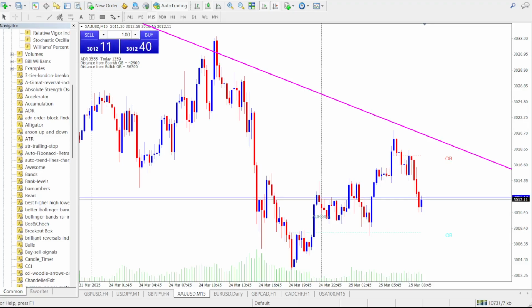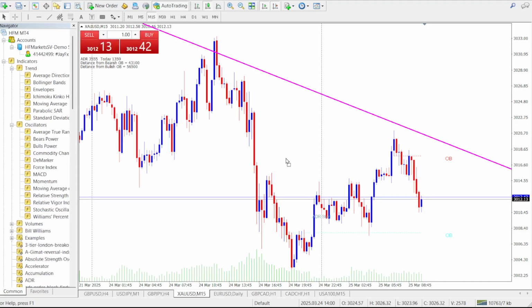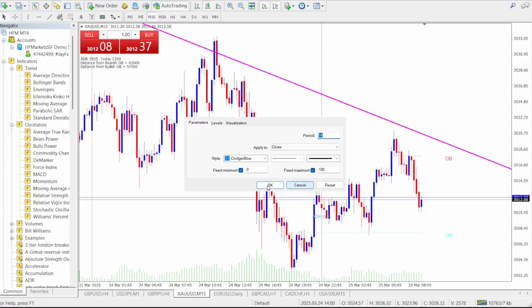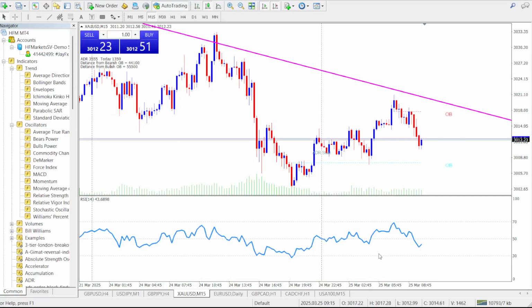Now you can actually combine the ADR order block finder indicator with other indicators. For example, if you want to add the RSI, the RSI helps you confirm overbought and oversold conditions for additional trade confidence.